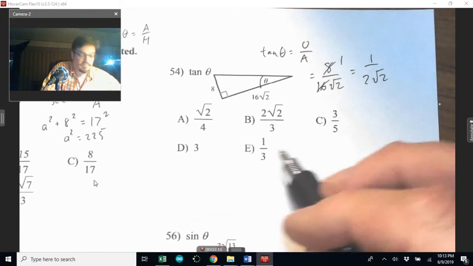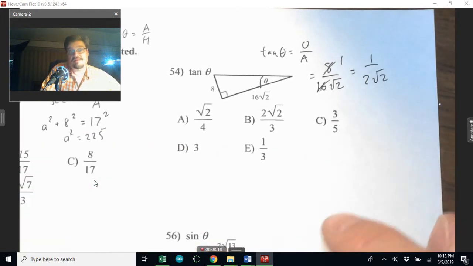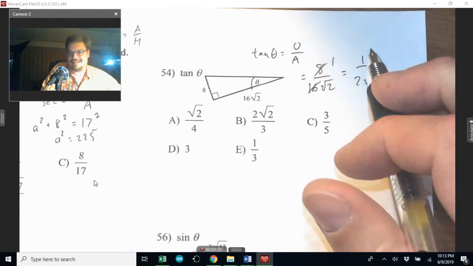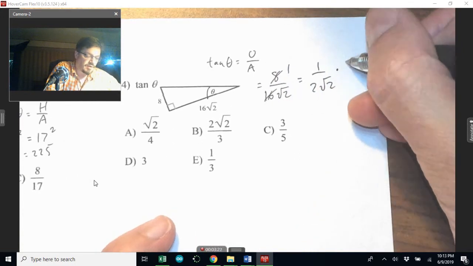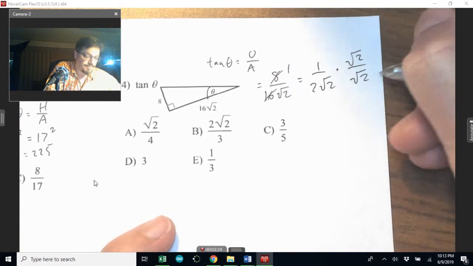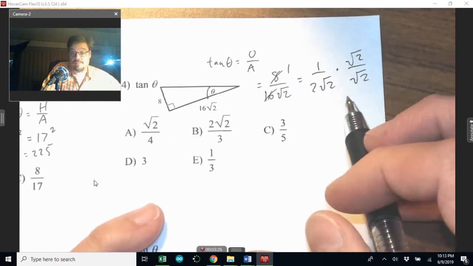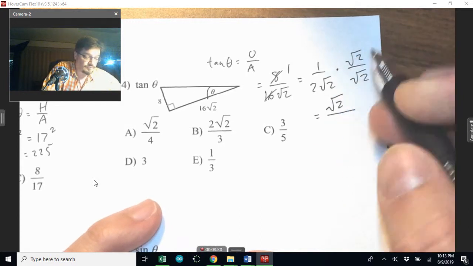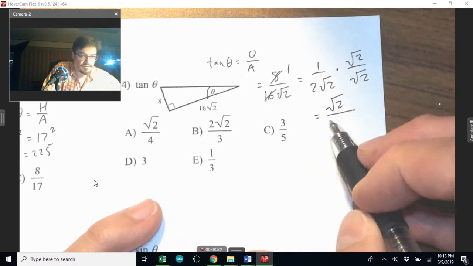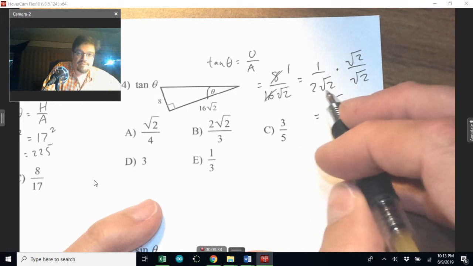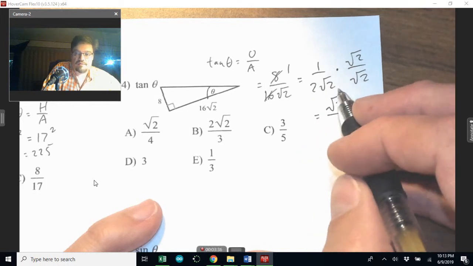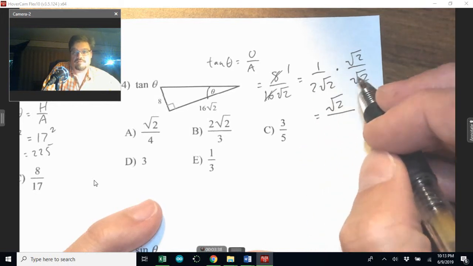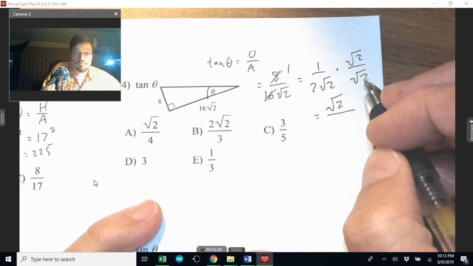I still don't see it over here because I'm not supposed to have a radical sign in the denominator. So I need to multiply both the top and the bottom by radical 2. Now 1 times radical 2 is just radical 2. And in the bottom, it allows me to get rid of this radical because radical 2 times radical 2 is just 2.